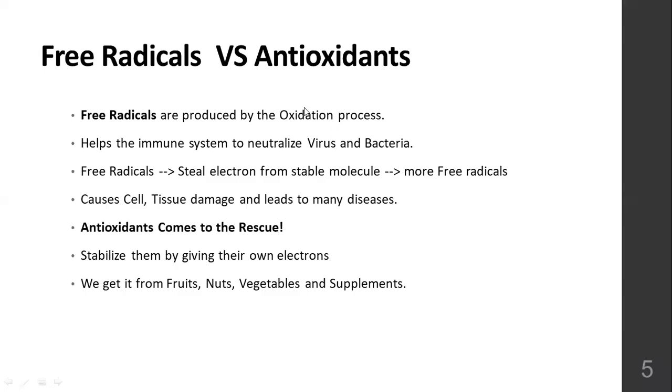So free radicals are produced during the oxidation process, and oxidation takes place at every cell level. You have trillions of cells in your body, and at each one of those cells, oxidation is a process that takes place. So free radicals are generated at your cellular level.